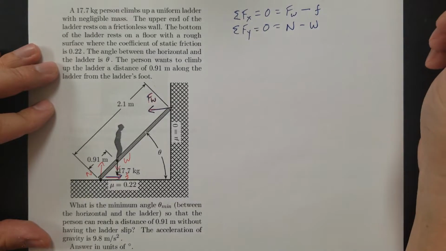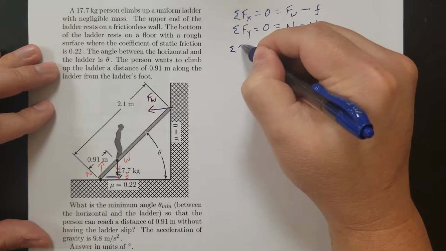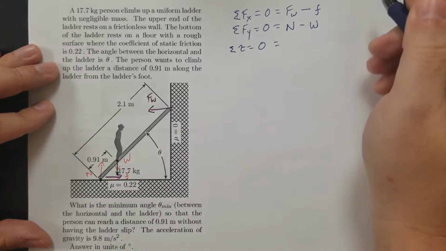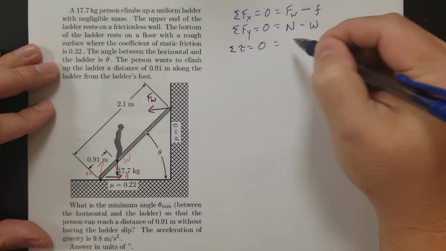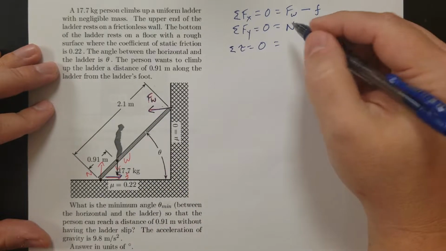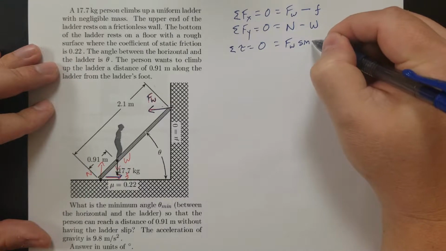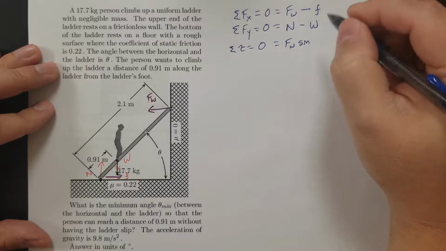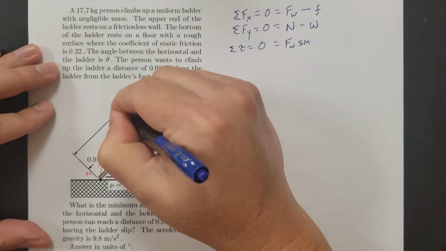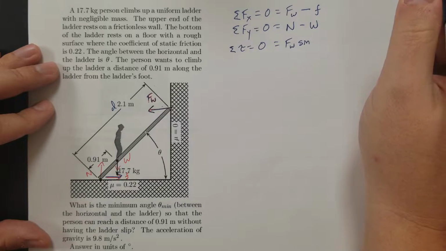Okay. And I can also write a torque equation, right? So my net torque is also 0. So that's same thing as the other one, right? So it's this sine theta minus that cosine theta. So it's FW times d sine theta. So I'm going to call this d, right?